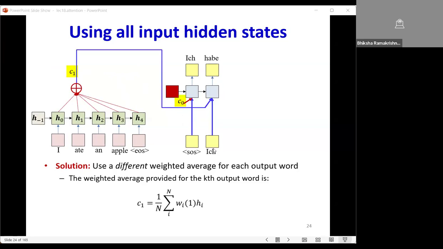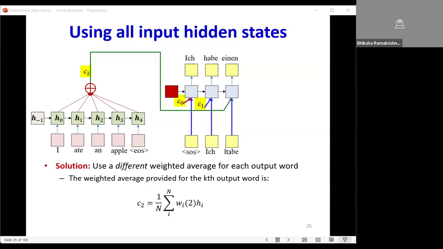That output is fed back to the network as "ish" here. And at the next time instant, what is drawn from the encoder side is going to be a different weighted sum of these hidden state values. So these weights over here are going to be specific to the first output, number 1 over here, assuming this is output number 0. And so then you draw "habe" and feed that back in.